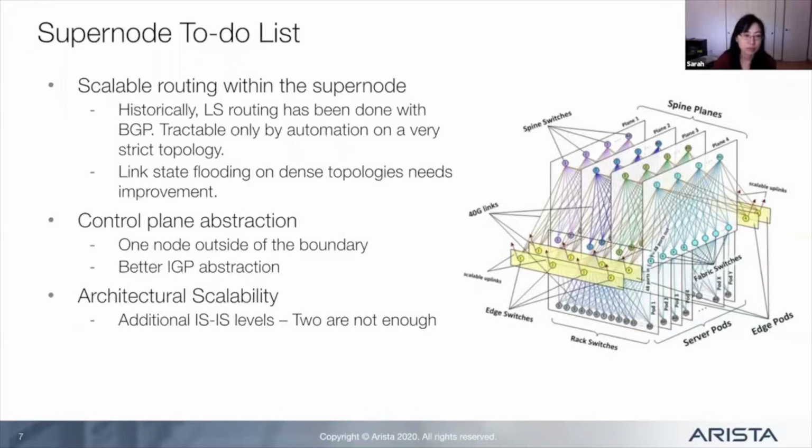On this list, we also have two other items, control plane abstraction and architecture scalability. I will not cover these in this talk. We have separate drafts for these two items, and if you are interested, you can check them.